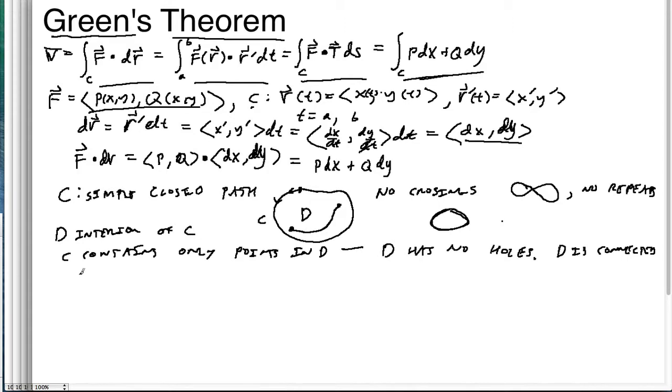So the actual expression of Green's theorem is this. We have this line integral, the work integral, and we have some vector field, and it's equal to, and here's the drum roll, the double integral over D of the partial of Q with respect to x minus the partial of P with respect to y, dA.